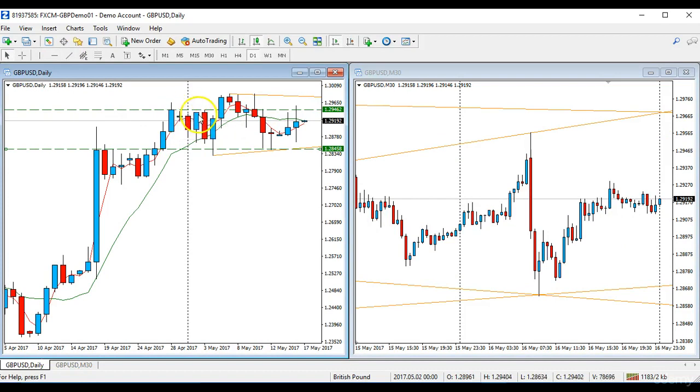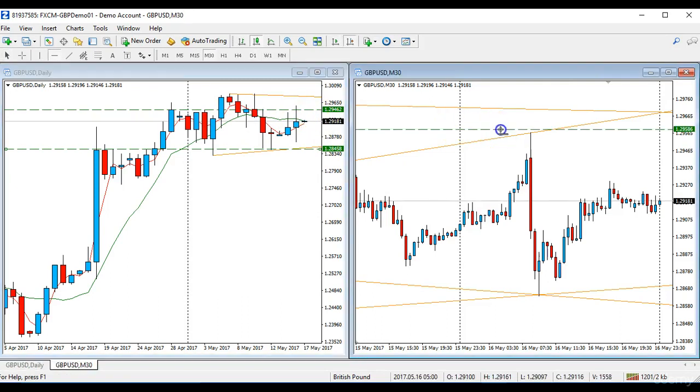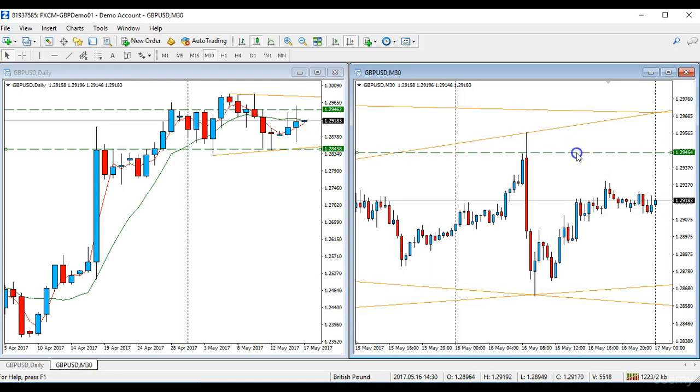See, there is another level there of resistance, if we put those levels into our 30-minute time frame, which is probably about there, 1.29462. That provides us with a good place to know where we're going to take our profit. It's nearly there, so we'll just put it down to 6.2, somewhere like that. So that provides us with a good place to take profits from.